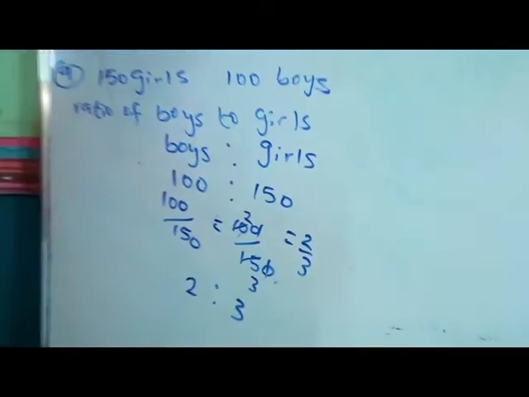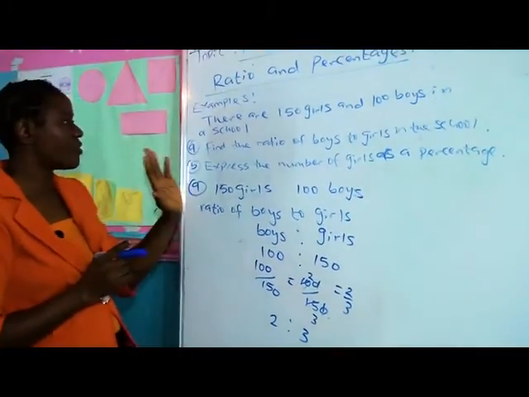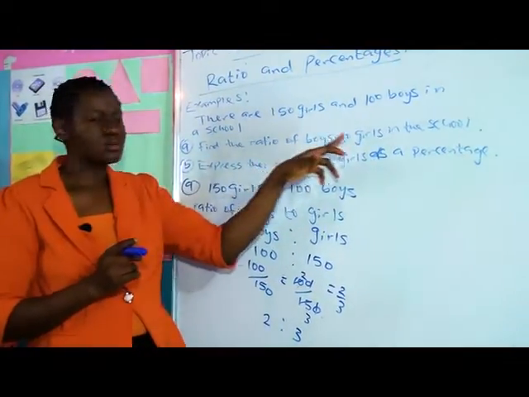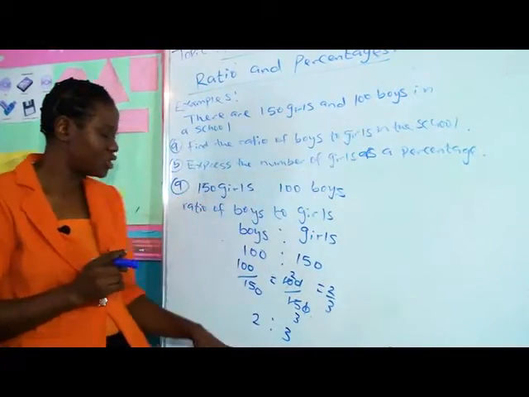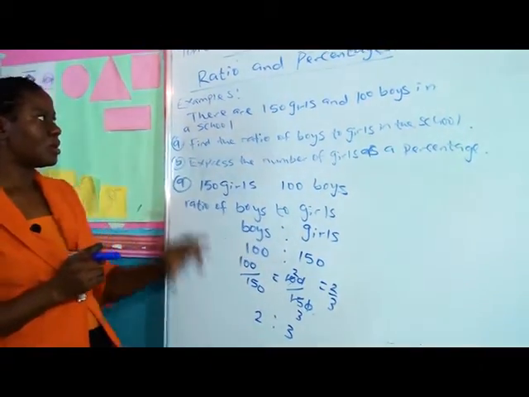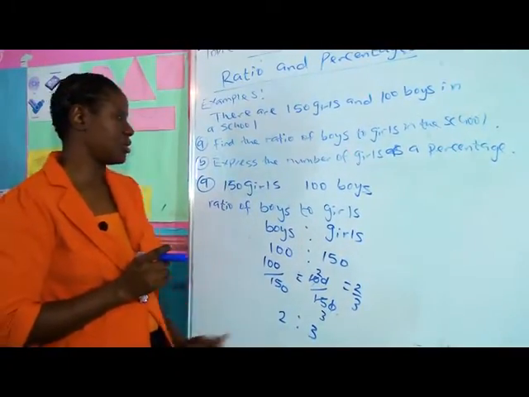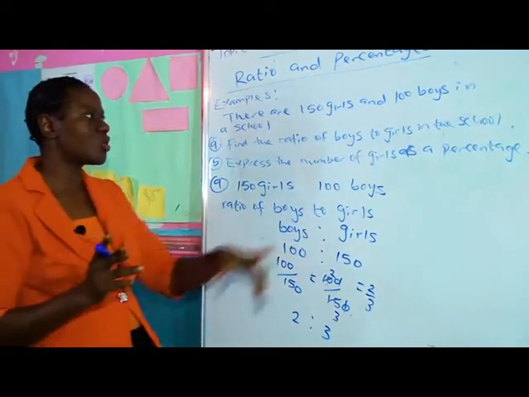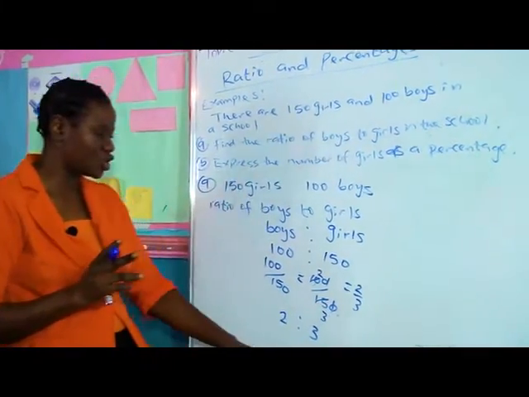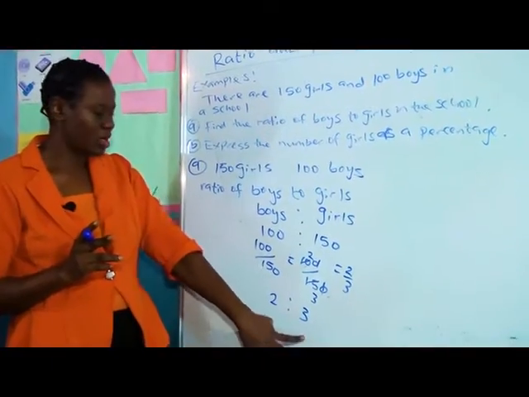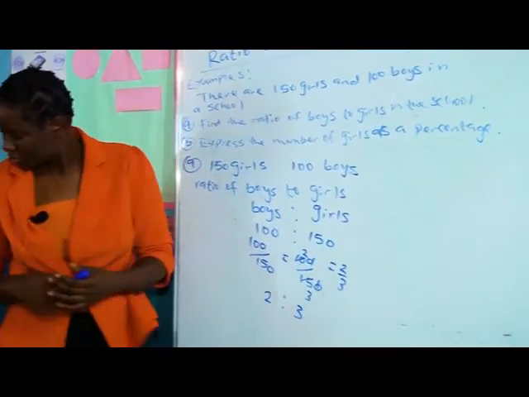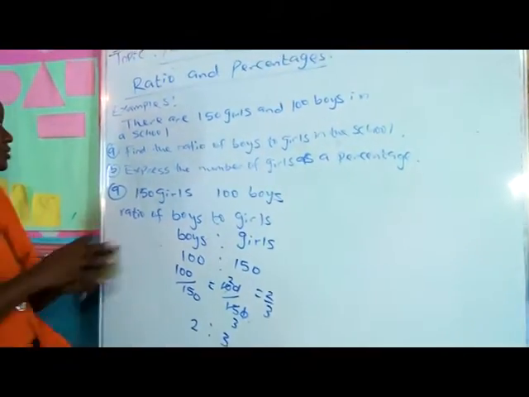So the answer becomes the ratio of boys to girls in the school is 2 ratio 3. If we were asked the ratio of girls to boys, then it should give us 3 ratio 2.